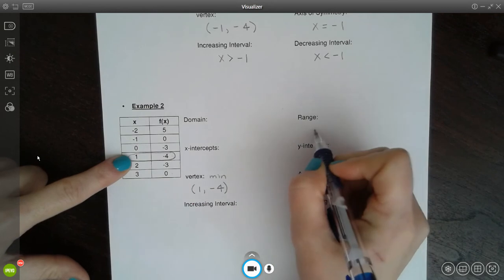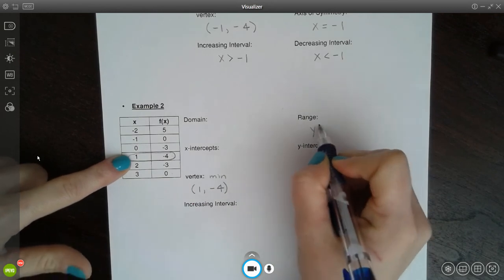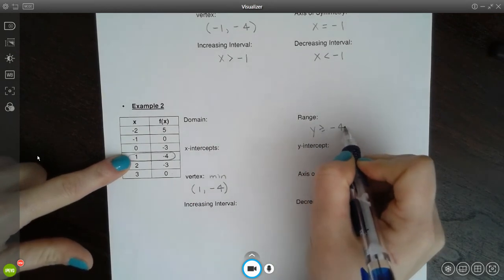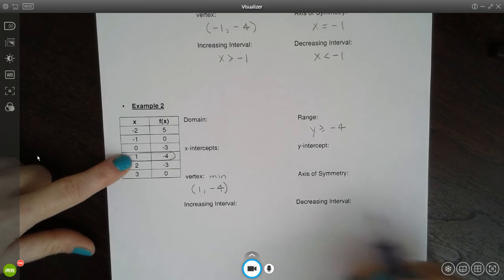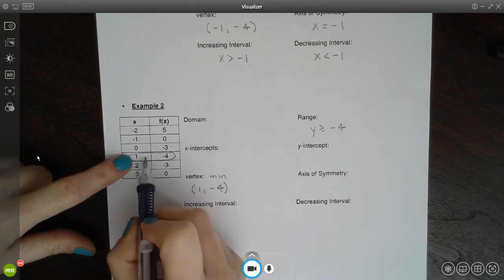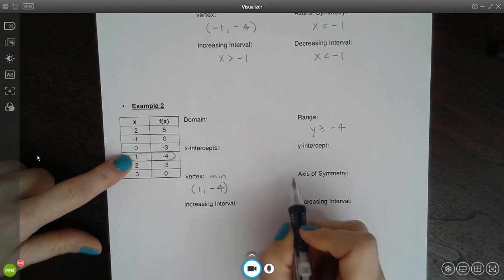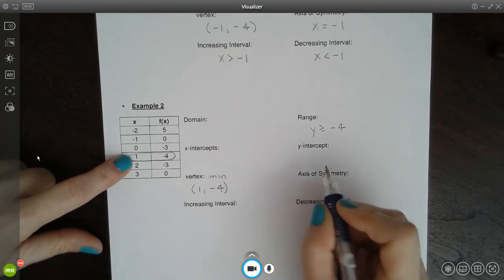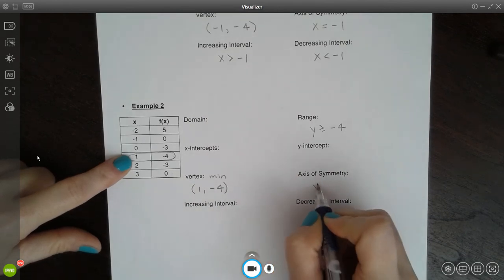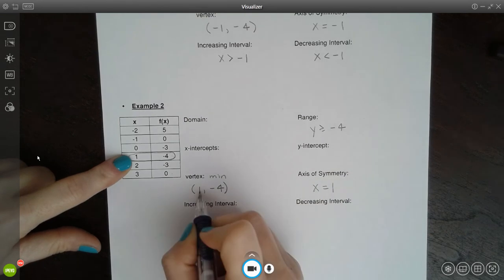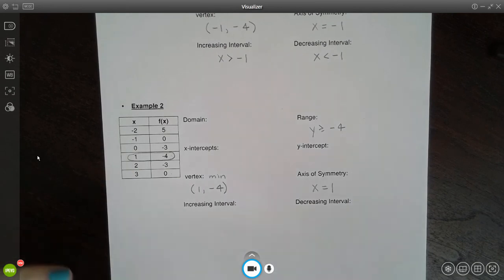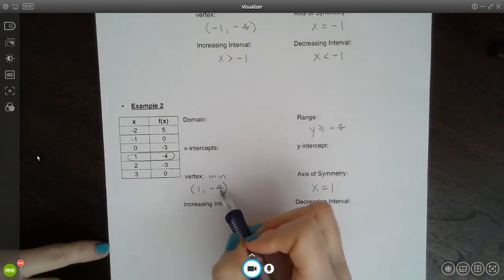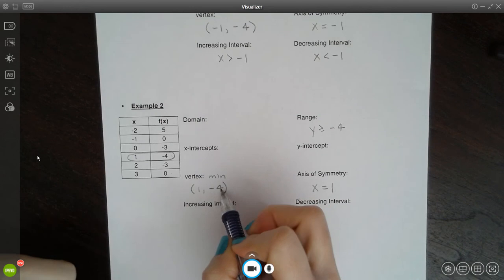So that tells me, in this case, it just so happens to have the exact same range as the question we did before. So also talking about this lowest point, I can also find the axis of symmetry from here because it's the x value of the vertex. And the range will also come from the vertex, but the range will come from the y value of the vertex.